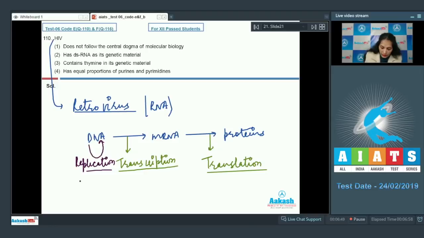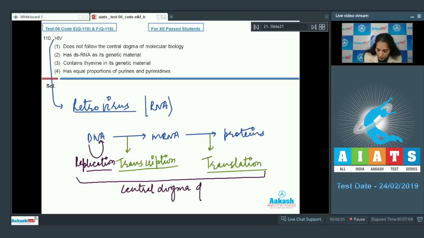So this is called central dogma of biology, when there is a unidirectional flow of information from DNA to mRNA, mRNA to proteins. But HIV contains RNA, and if it contains RNA, it cannot follow the central dogma of biology. So this is correct. It does not follow the central dogma of biology.